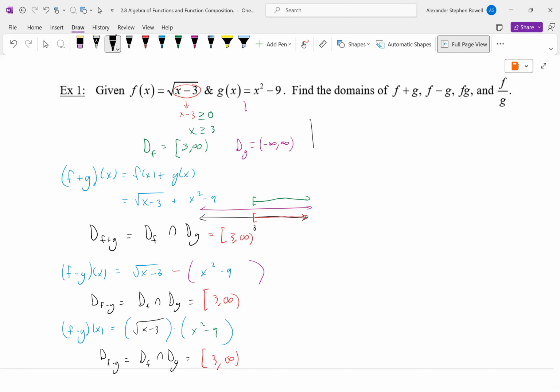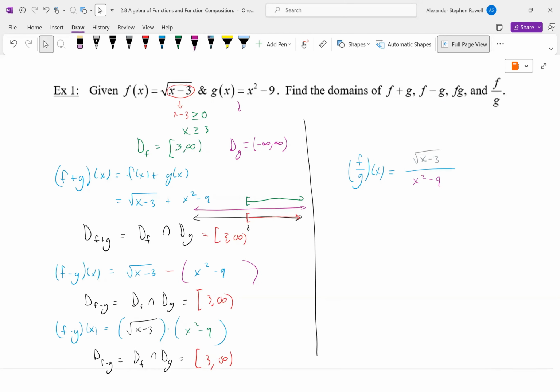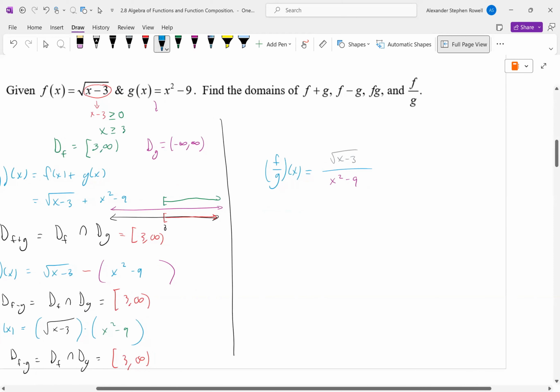Now let's talk about the last scenario. What problem might arise when I divide the two functions? What kind of domain error? Undefined, yes, when you divide by 0. So we have square root of x minus 3 on top, divided by, on bottom, x squared minus 9, which if we factor the denominator, what do we get?